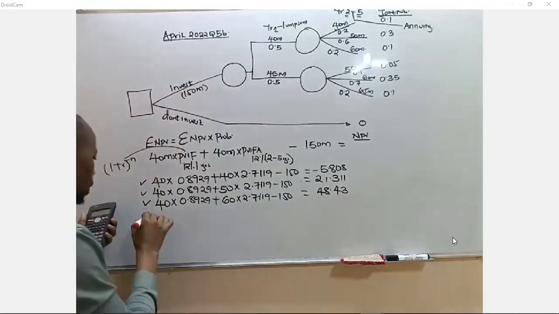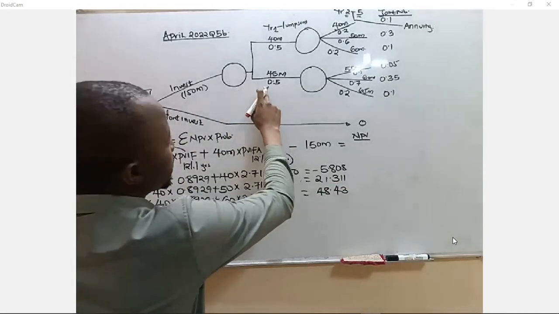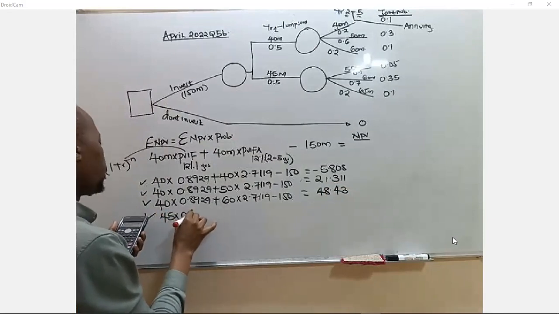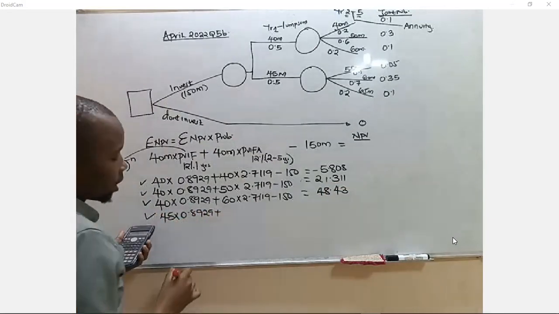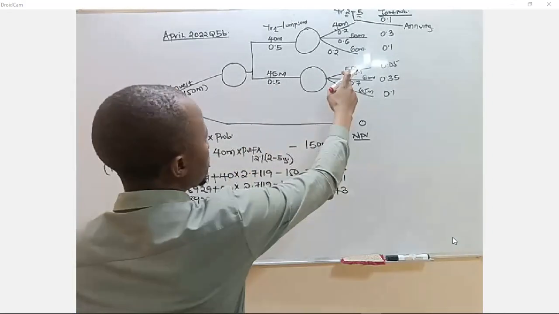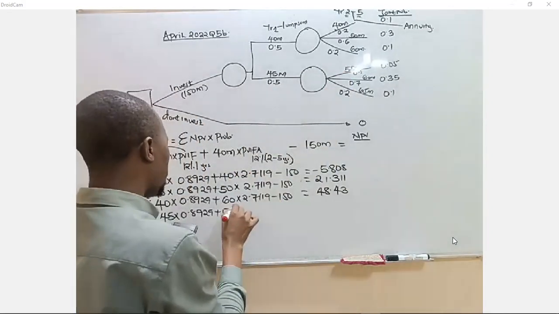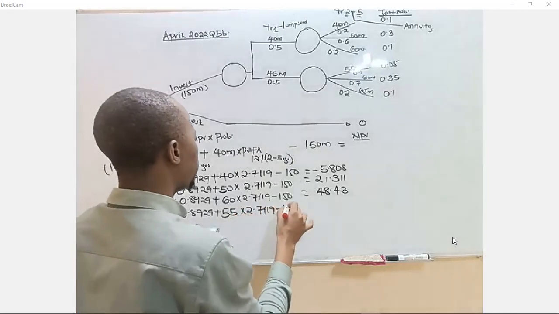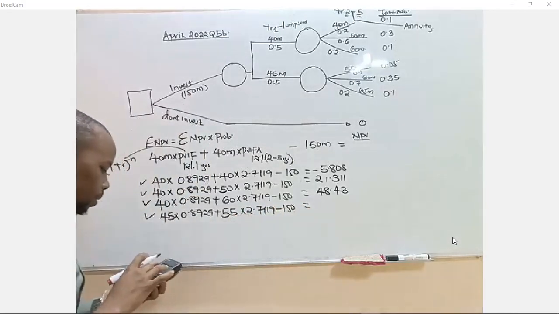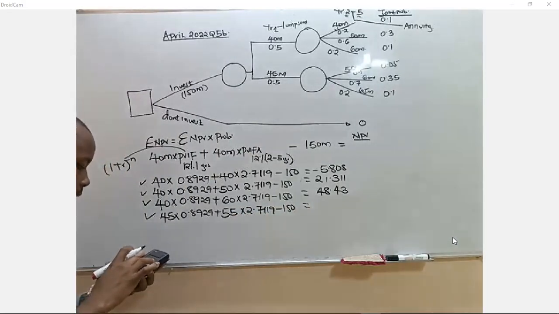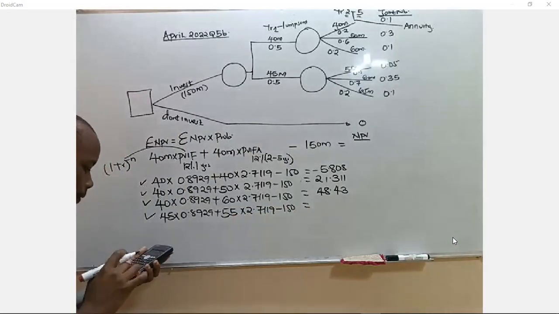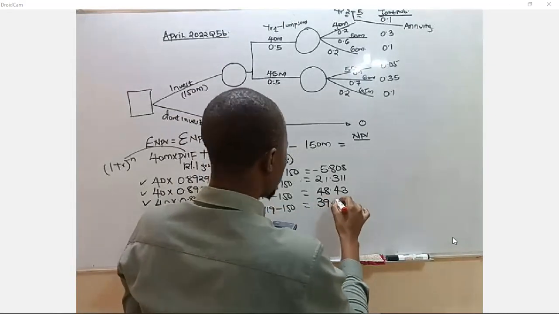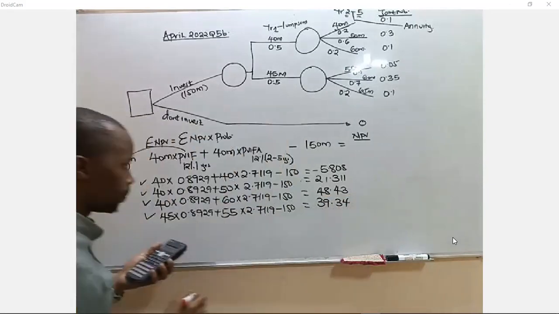Let us go to the other row now. We are discussing the side of 45. Let's take 45 times 0.8929, since the discount factors are not changing, plus 55 times 2.7119 minus 150. If I just change on my calculator, putting 55 there, I'm getting 39.34. Let me use 2 decimal places.